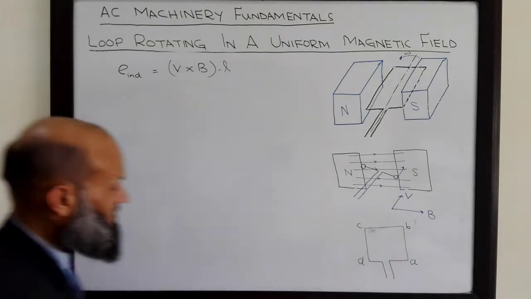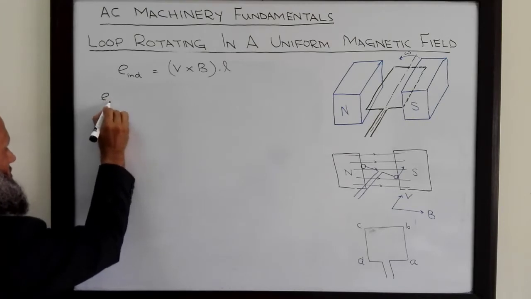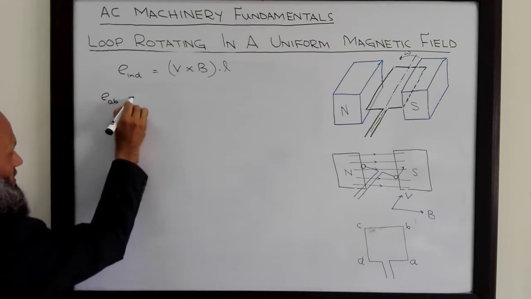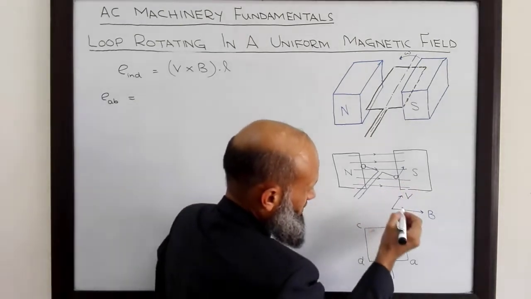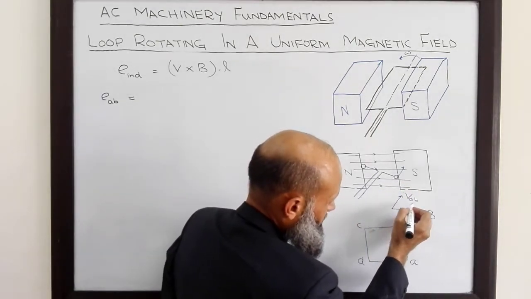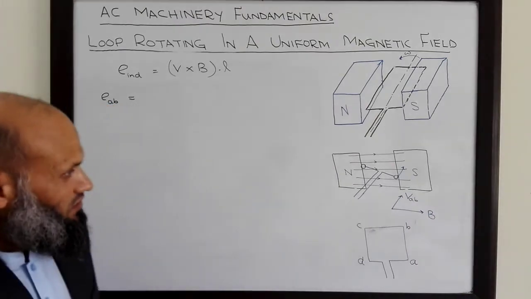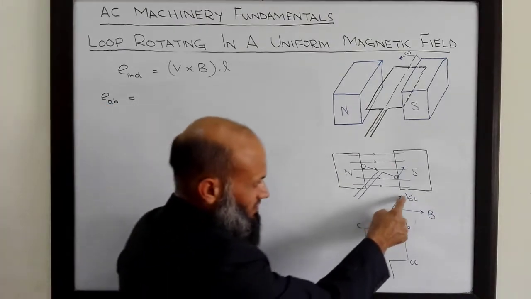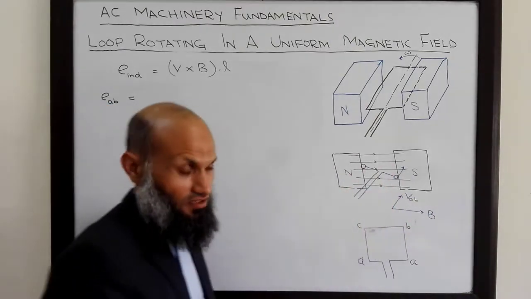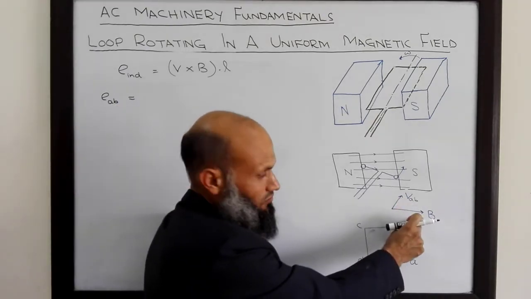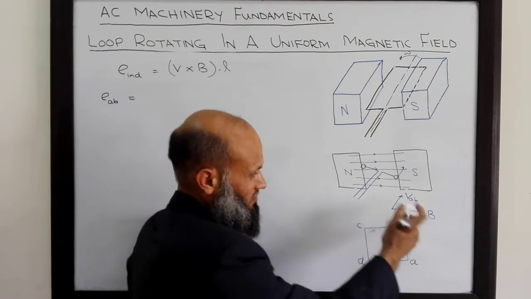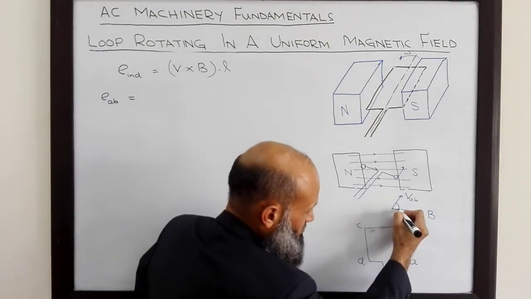We start with side AB, the voltage induced in side AB. Here this is side AB. The linear velocity of this conductor is V_AB. What we can see is that this velocity is not perpendicular to the flux density vector. Rather, there is an angle between the two.